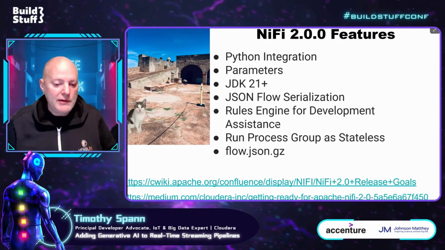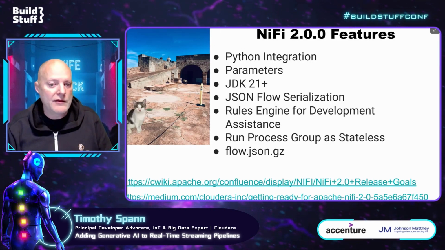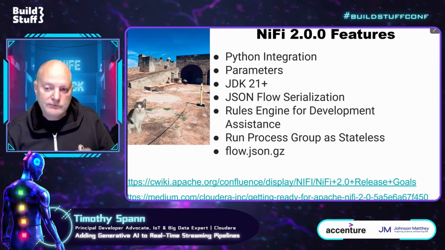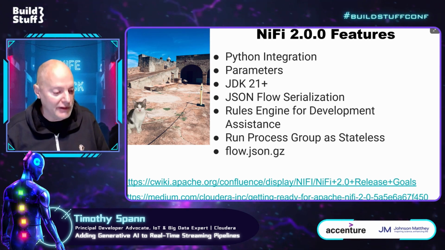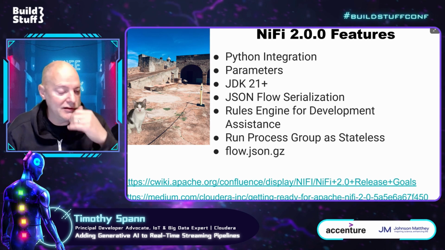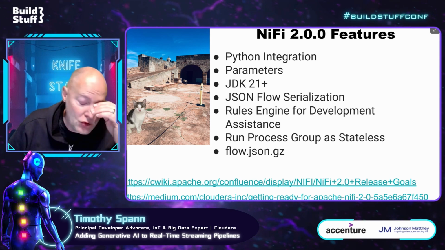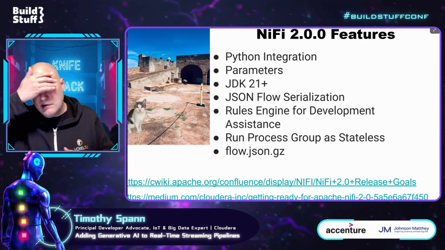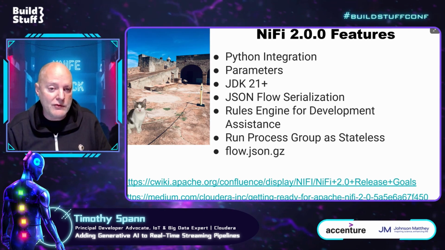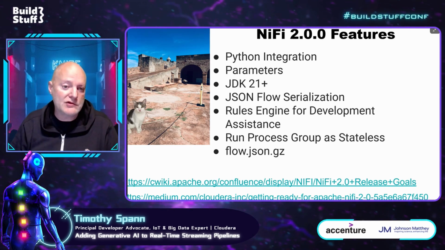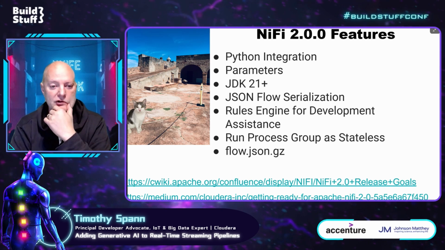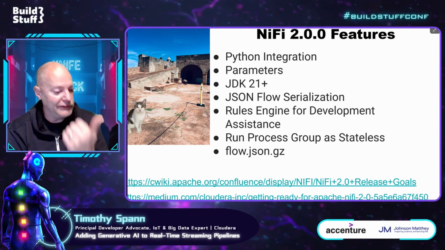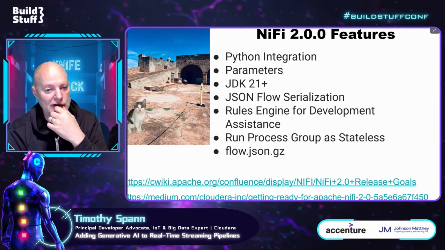Now, when I mentioned Apache NiFi, it has just reached the official 2.0 release. This has been in the process for what seems like a very long time, but it was neat. This is a rewrite with a new Python engine, support for a much newer version of Java, which is faster, has a lot more features.